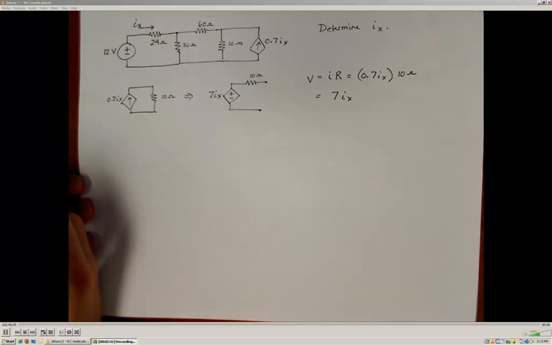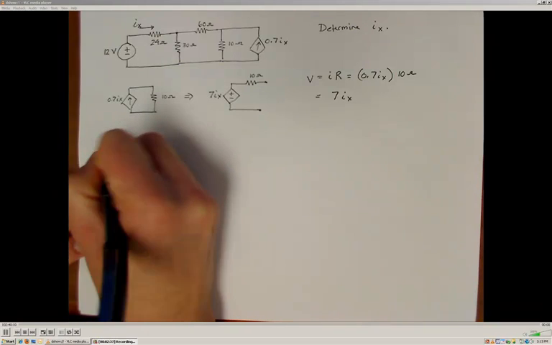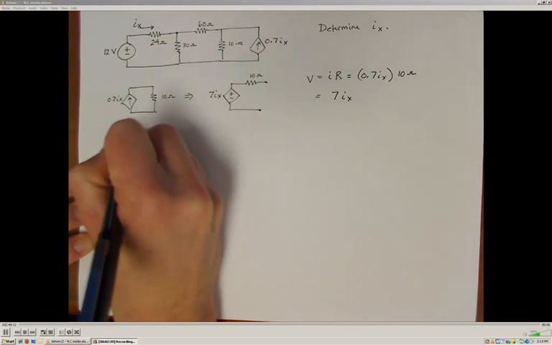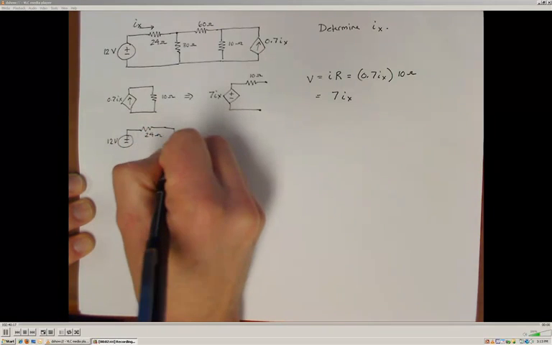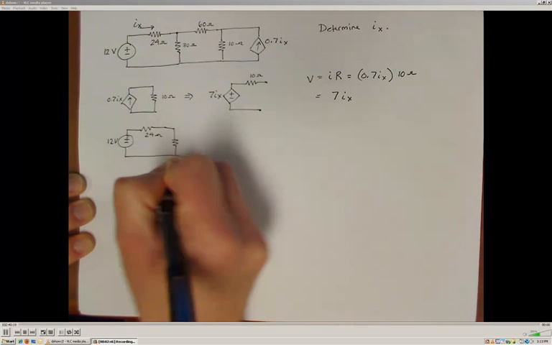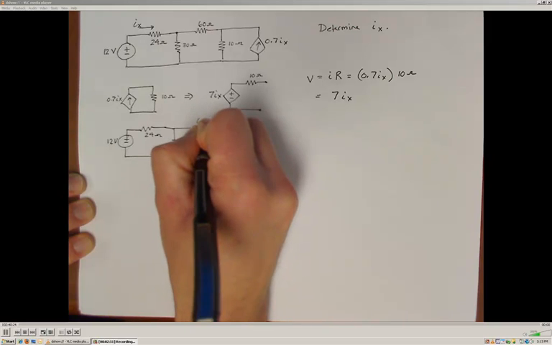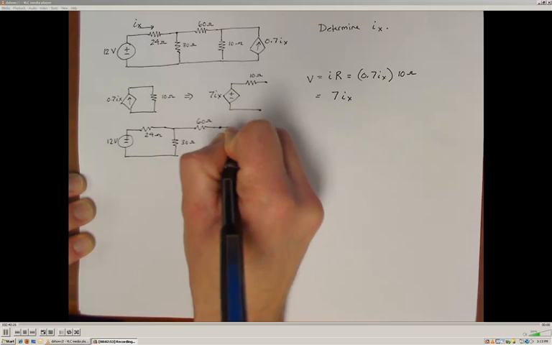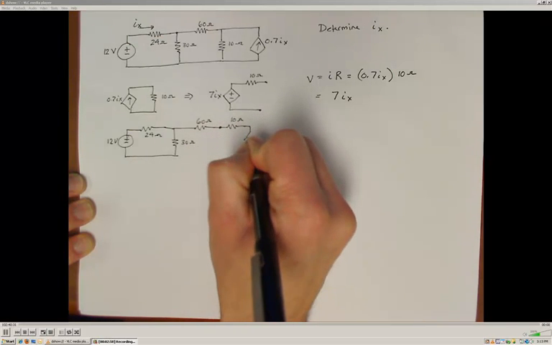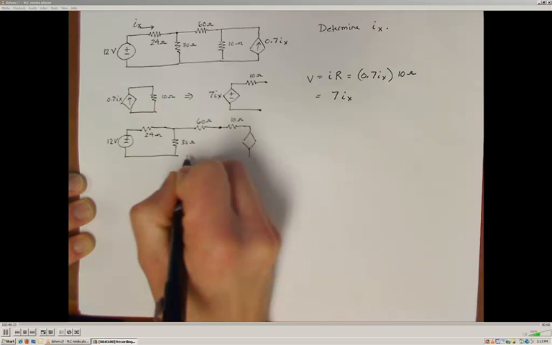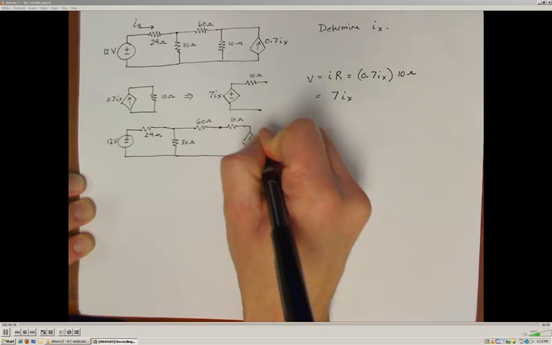Alright, so what this does is this reduces our circuit a little bit to look like this. We have our 24 ohm resistor, our 30 down to ground, and now we have our 60 ohm resistor, and in series with that we also have our 10 ohm resistor with our newly transformed dependent voltage supply of 7 Ix.